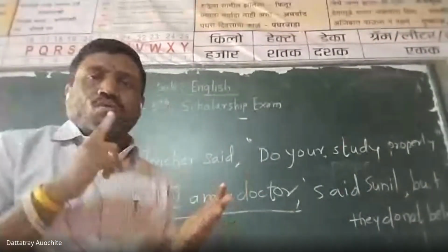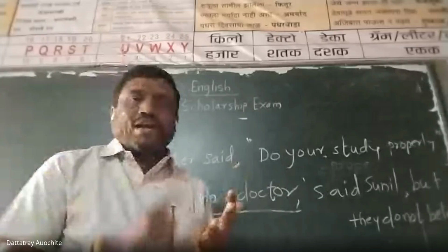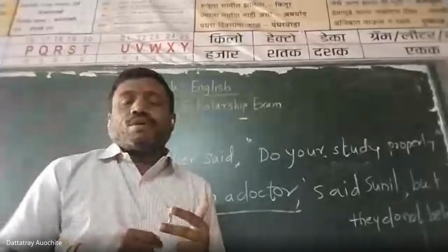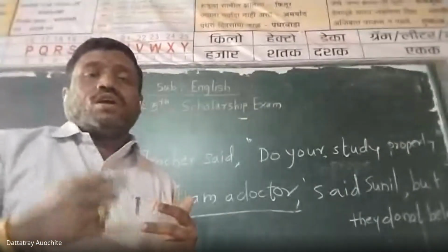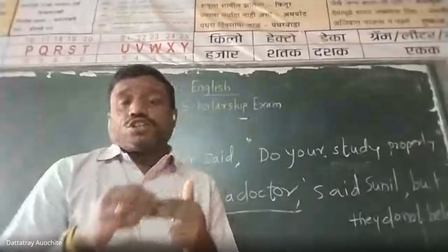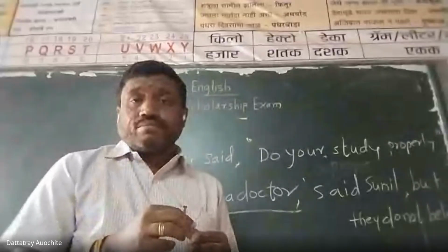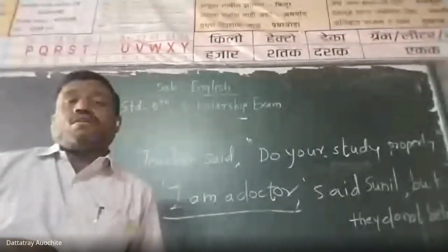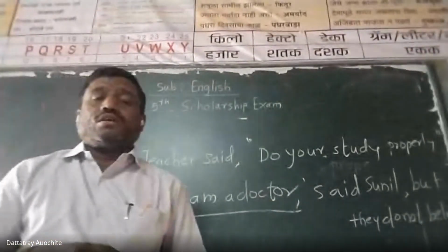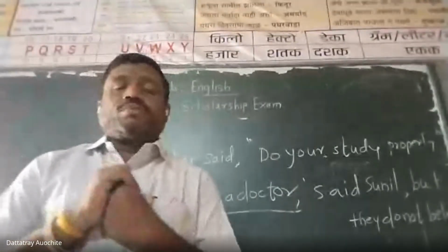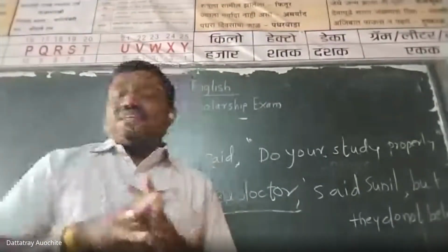Till now we have discussed full stop and comma, but there are other punctuation marks we have to discuss here: question mark, apostrophe, and exclamation mark. After completing the discussion on these, we will see what kind of questions may be there in your question paper.